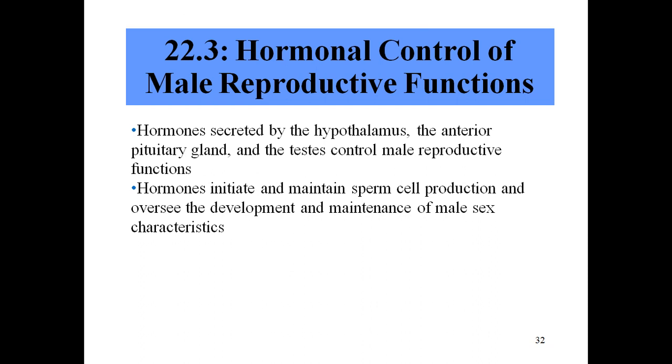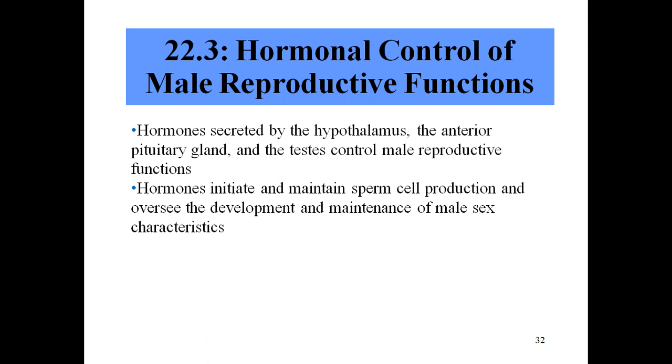Then hormonal control of male reproductive function. Hormones secreted by the hypothalamus, anterior pituitary, and testes control the male reproductive functions. Hormones from these glands initiate and maintain sperm cell production and oversee the development and maintenance of male sex characteristics.